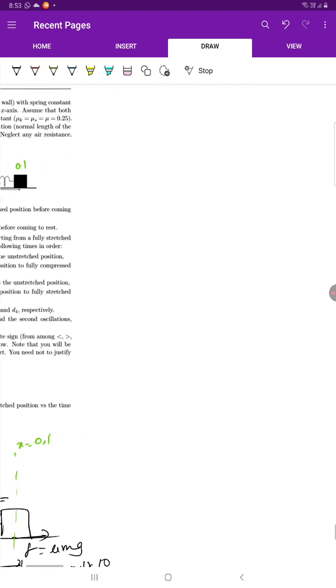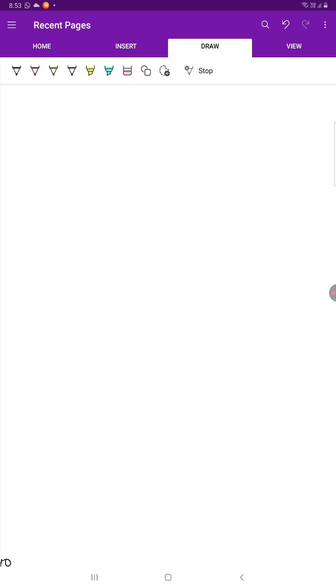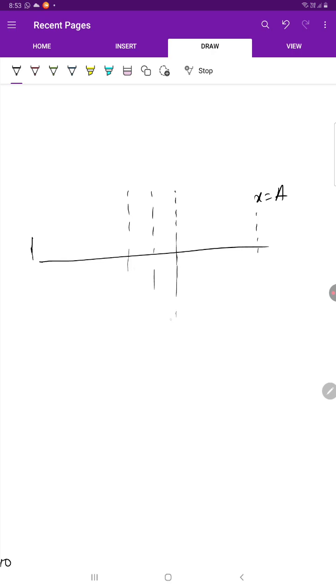Okay. Now I am considering a sample time when the block has amplitude x equal to a, meaning the block is at x equal to a, and this is the sample moment I am considering. Now during the leftward motion, since T1 is defined as the time interval for covering up to x equals 0, during the leftward motion this will be the mean position.